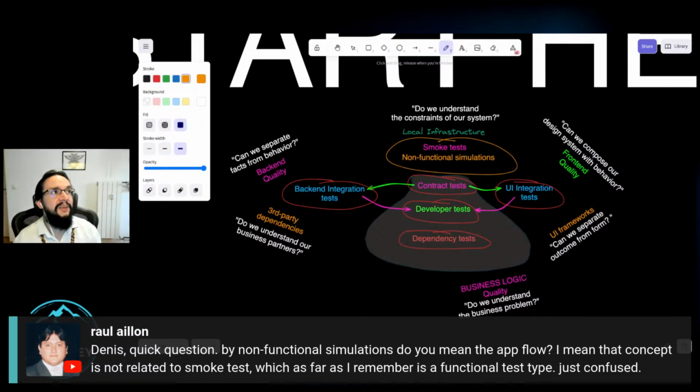So everything that you would measure on Lighthouse for front end, or on something like Sentry or Datadog for P95 performance, or this idea of misery on the end-to-end side or the front-end side, these are non-functional simulations.